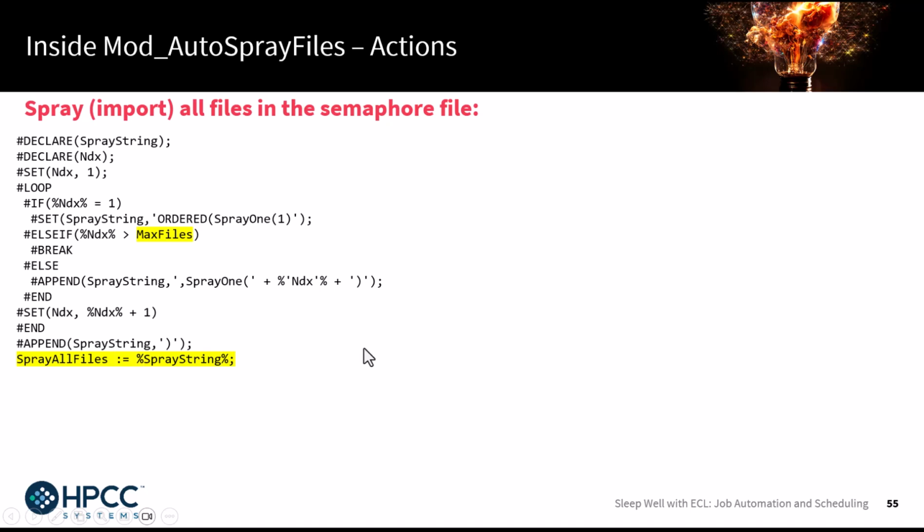So you have a start of this set spray string which says ordered spray 1. There'll always be at least the first file there. And then based on the index, it will generate as many spray 1 calls with a numeric value after it to generate the appropriate string that will be sent to the spray 1 function in the previous slide.